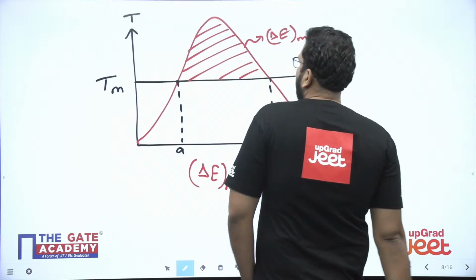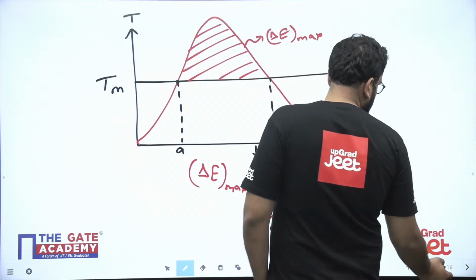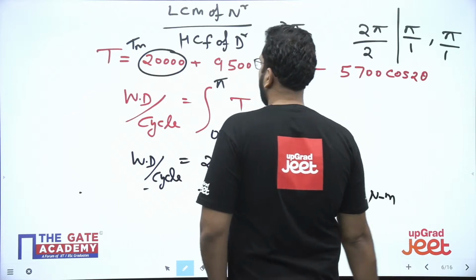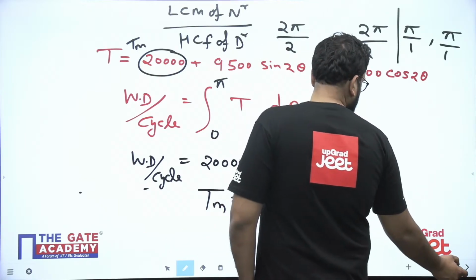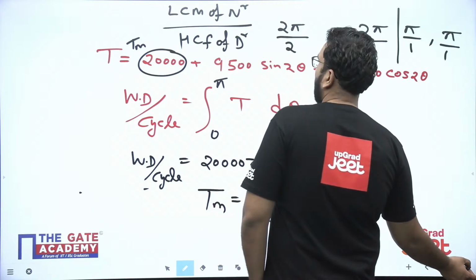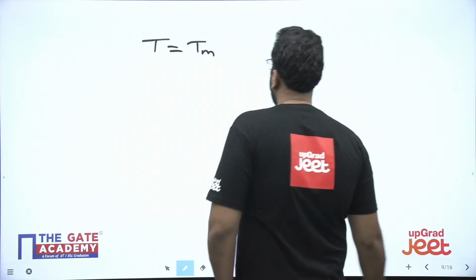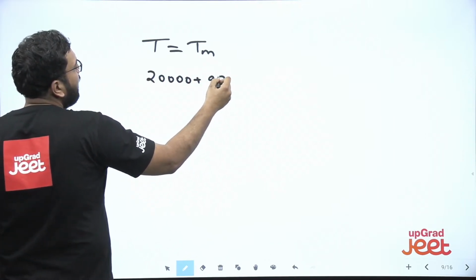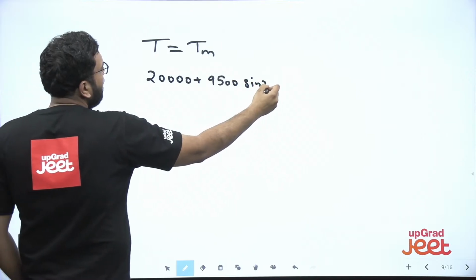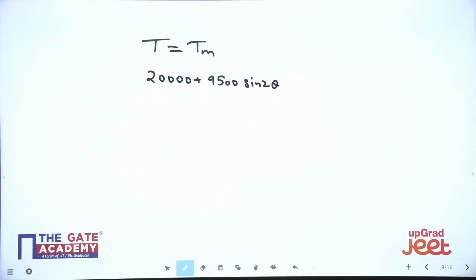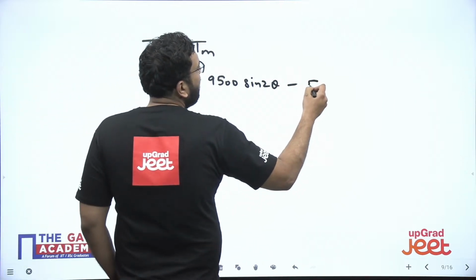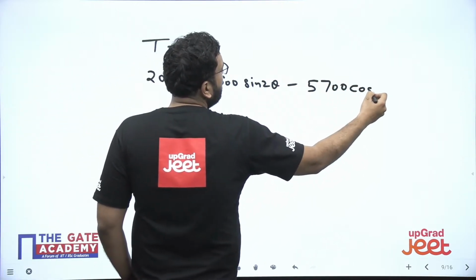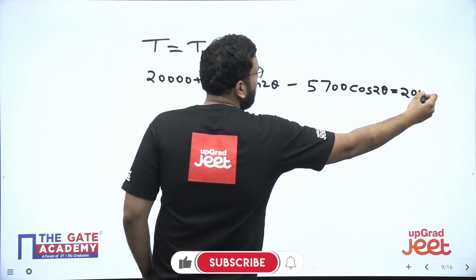Now when we equate this, we are going to have, so what is the equation for T? It is 20,000 plus 9,500 sine 2 theta, minus 5,700 cos 2 theta, and we need to equate it with 20,000.